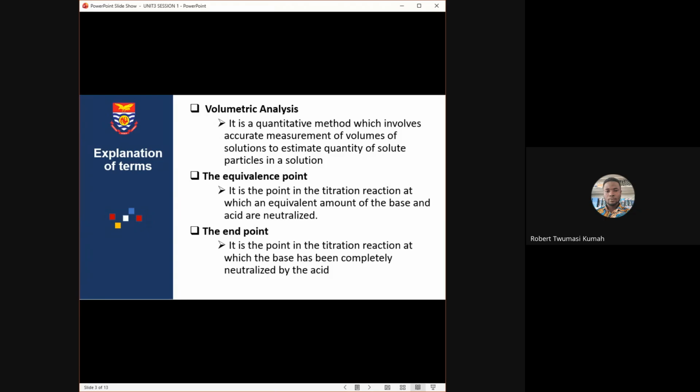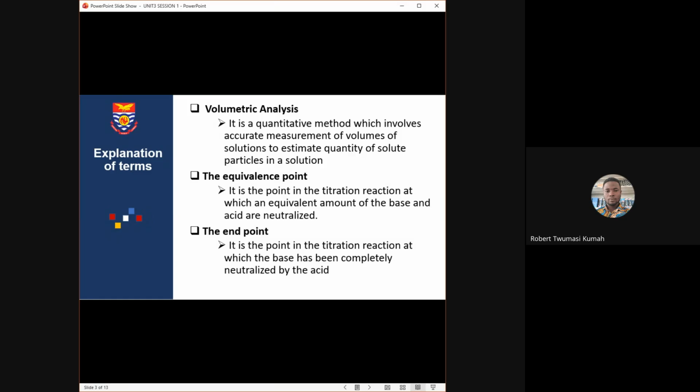Now, one thing that makes it a bit easy is that at the endpoint, because we use these indicators, there's a color change. Now, there's a difference between the endpoint and equivalence point. Okay, the ideal thing that we would have looked for is the equivalence point, which is difficult to do. So you may not get the exact equivalence point since that is happening chemically. So we use the endpoint at least to tell that we are closer to the equivalence point.